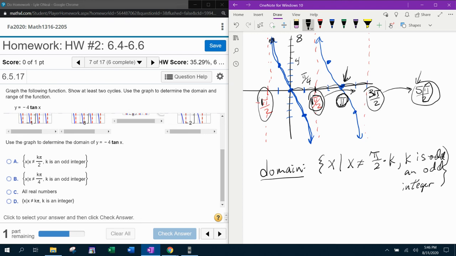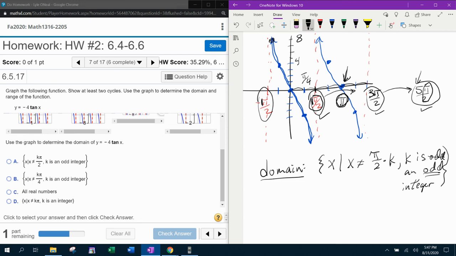Okay. Now let's plug in some odd numbers and see if that produces our asymptotes, which are values that x can't be. So if I plug in positive 1, 1 times a half is a half. Now remember we're talking about odd numbers, so the next odd number would be 3. Pi over 2 times 3 is 3 pi over 2. 5 times pi over 2 is 5 pi over 2.